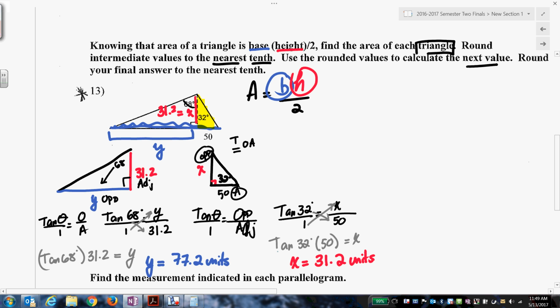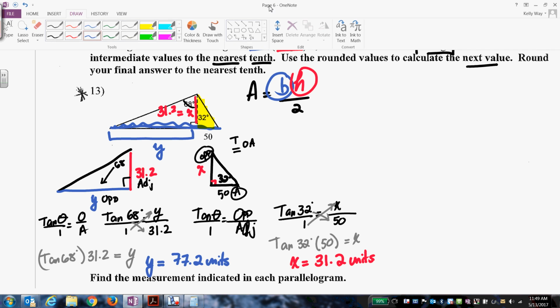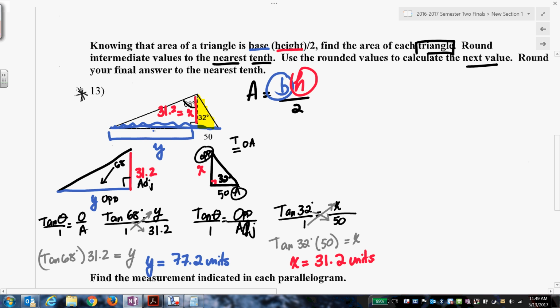Okay, now we have everything we need. Let's go ahead, and it says right here, let's circle, plug, check. Our base is this whole base here, so you want to physically trace it. That base is not 50. That base is going to be 77.2 plus 50. That's your base.